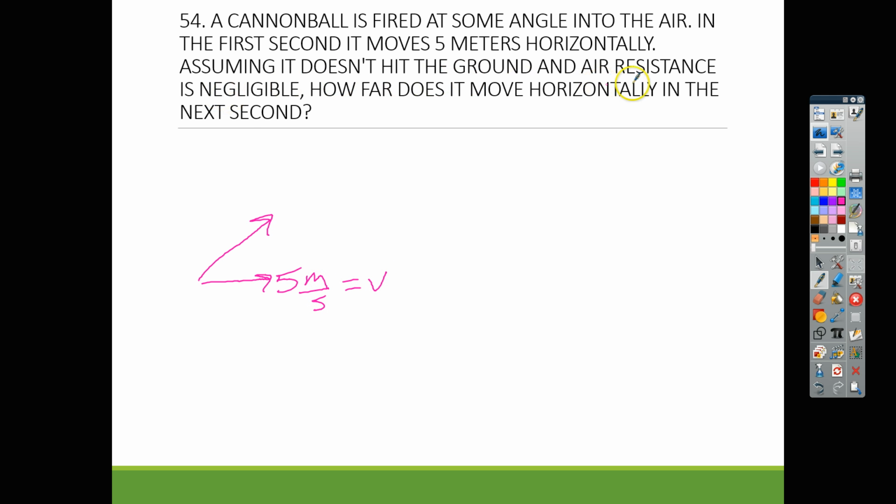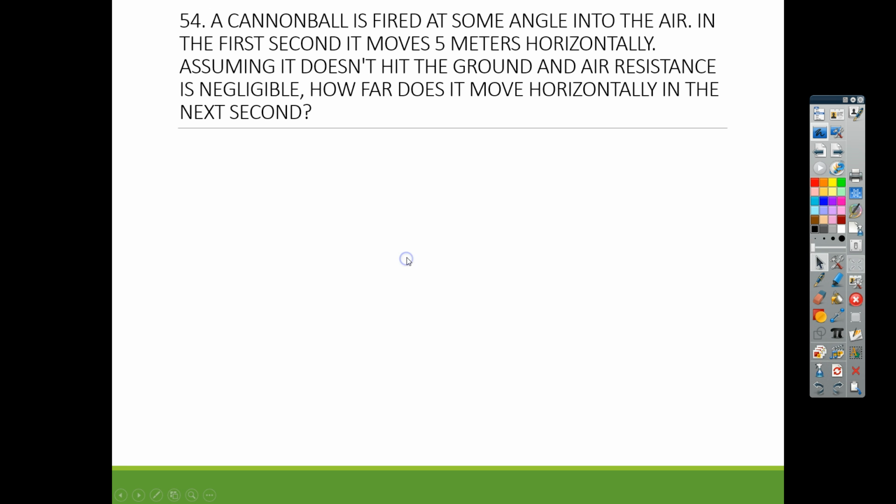Assuming it doesn't hit the ground and air resistance is negligible, how far does it move horizontally in the next second? Well, we know that in this next second, it's going to move a little bit further, but once again, we're going to move at 5 meters per second. So we know we move 5 meters. We know that our v here is constant, so it does not change. And so we should have 5 meters right on the button.